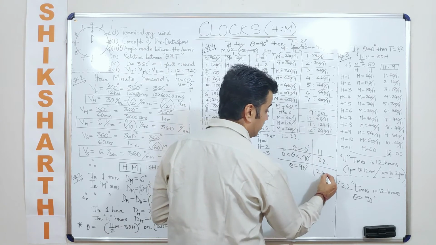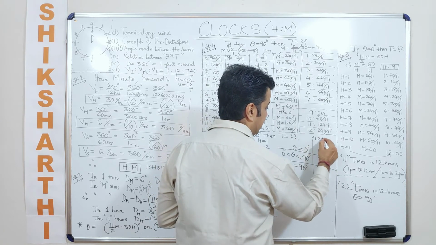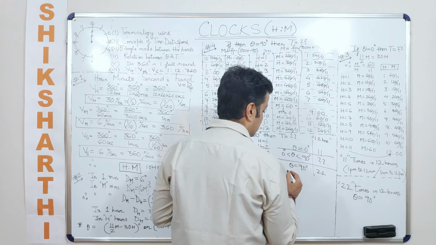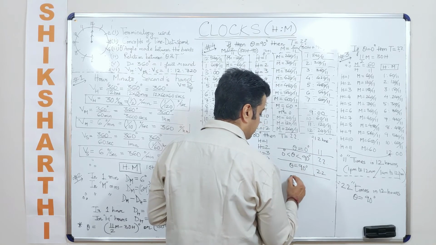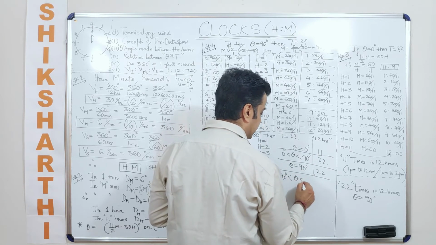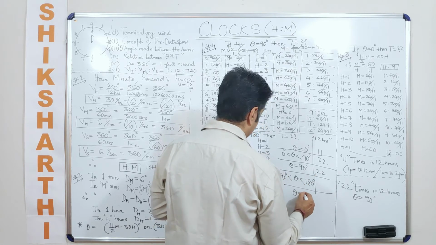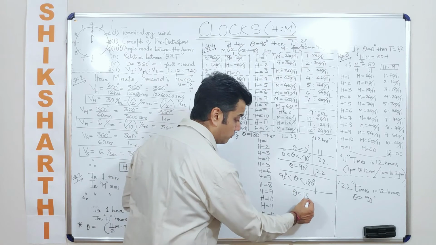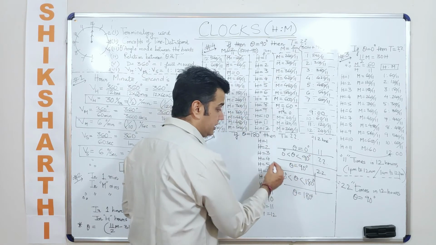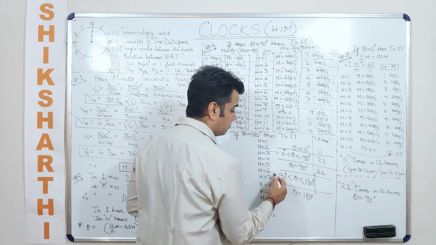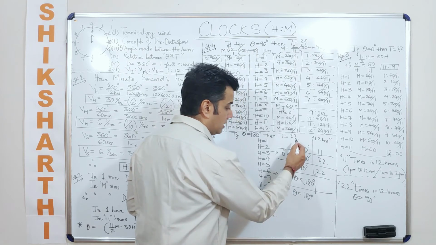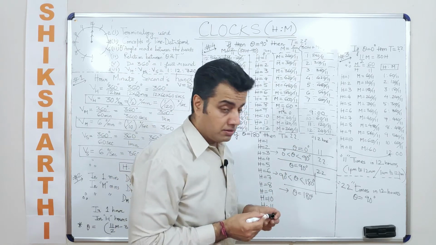How many times would they meet in 12 hours? We are talking about meeting time in 12 hours. Similarly, when theta is between 90 degrees and 180 degrees, how many times would they meet? And the last case has been given to you as homework. So broadly, there are 3 homeworks which have been given to you, out of which 2 we have already done.